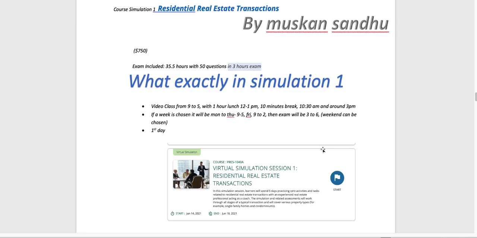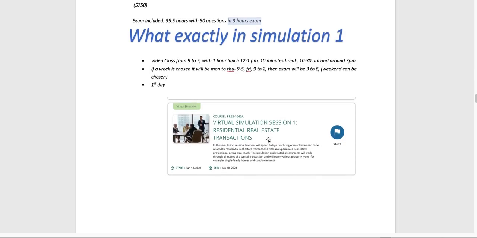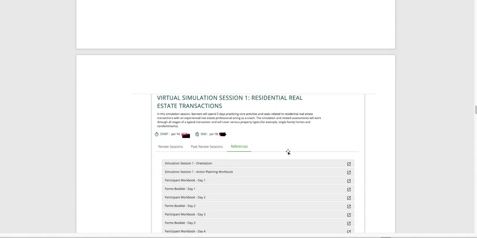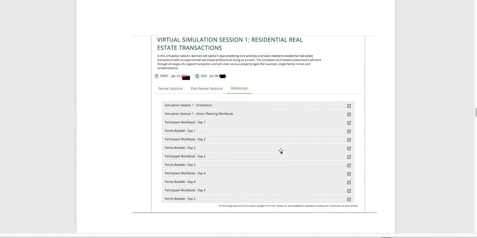So these kinds of important topics may appear on the exam, so you really need to have a good knowledge of these topics. They're going to talk about these topics in the simulation for sure. So you're going to see this in the simulation, and these are your references in the simulation.